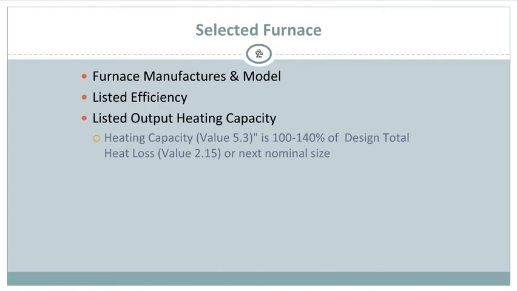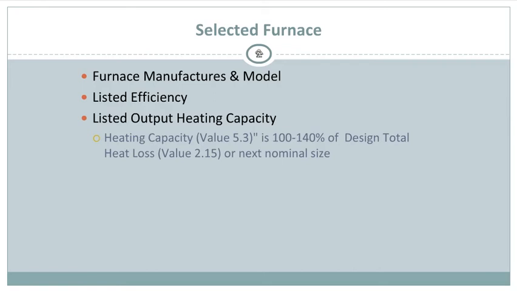So, as of September 2015, all furnaces sold in the United States must meet at least 80% minimum energy efficiency. Mobile homes, 80%, oil-fired furnaces, 82%, gas boilers, 84%, and oil-fired boilers, 83%.